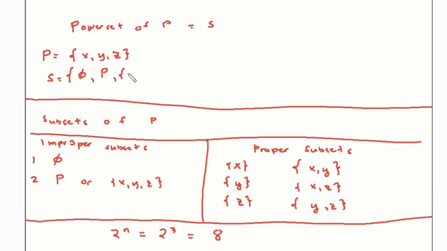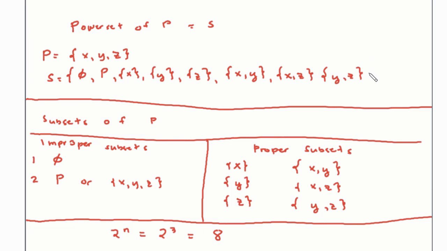For the set containing one element, let's start with the set only containing X, followed by the set only containing Y, the set only containing Z, and the set containing two elements XY, followed by the set containing the two elements XZ, and finally the set containing the elements YZ.